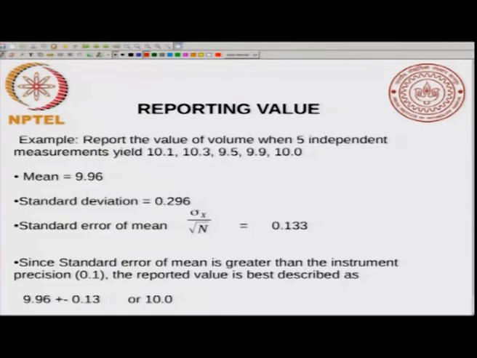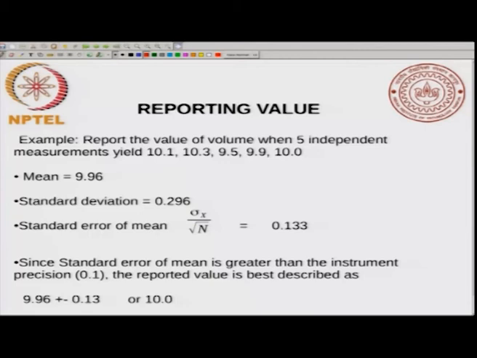Notice I have kept 9.96 and 0.13. The value of 9.96 is actually more precise than the instrumental value, but I have clearly stated the error of 0.13 in the measurement.